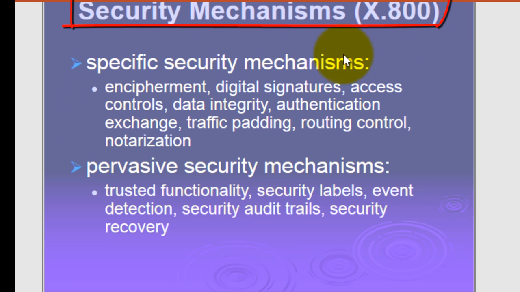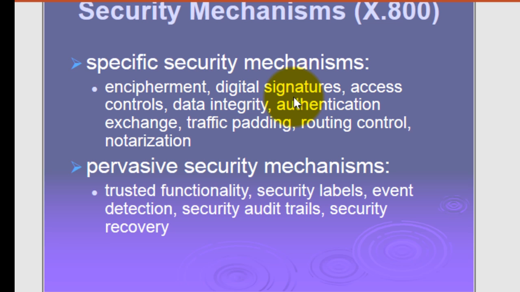This X.800 divides the security mechanisms in two ways: specific security mechanisms and pervasive security mechanisms. Specific security mechanisms are the mechanisms which follow a protocol.